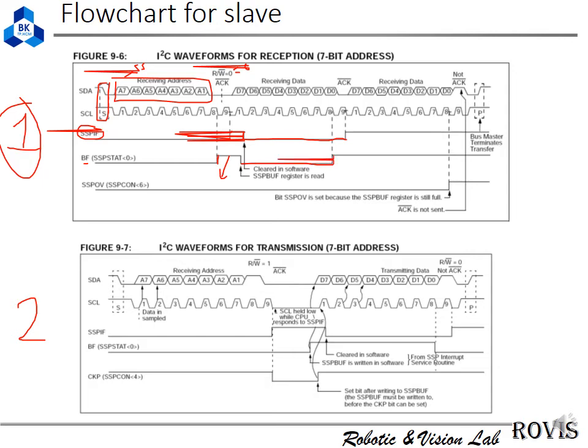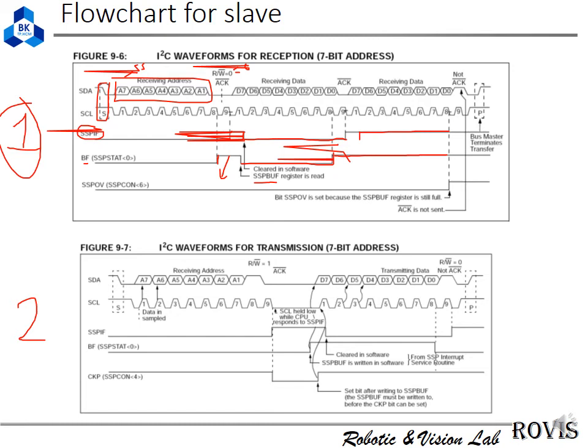Here, when the bit number 9 of the data is received, the buffer will go high. That's okay, it already received the full data. Here we don't read the SSPBUF register, so the interrupt does not go down, not go low, so the buffer bit is still high, right?